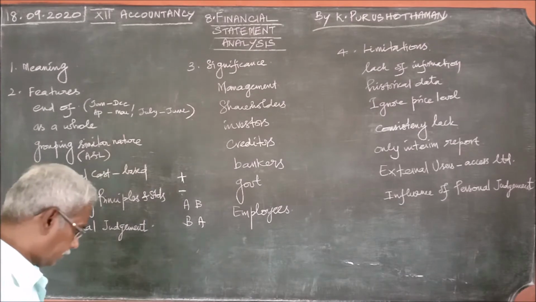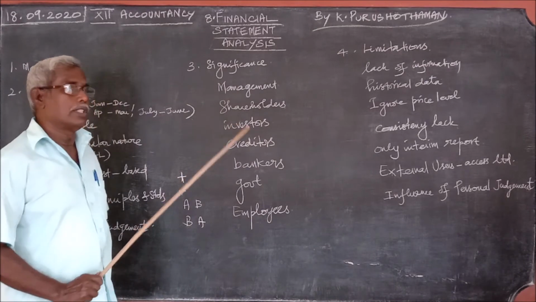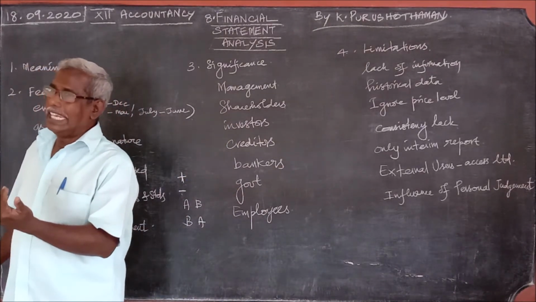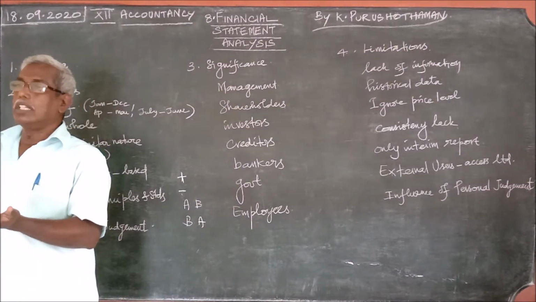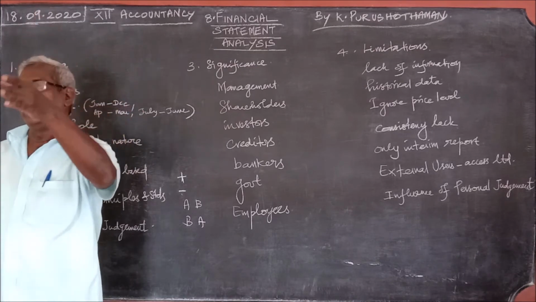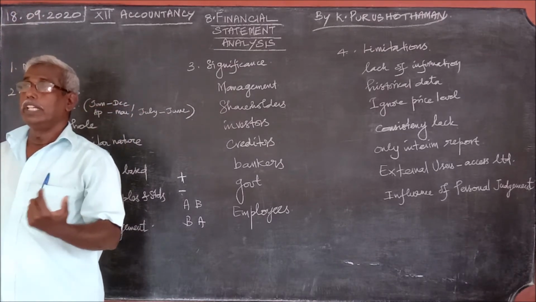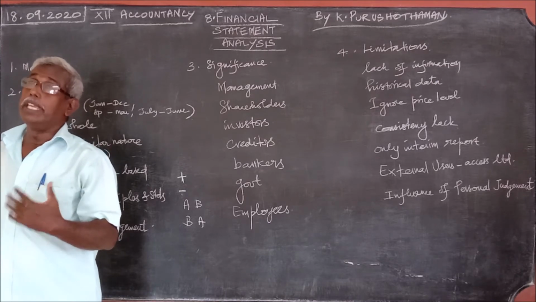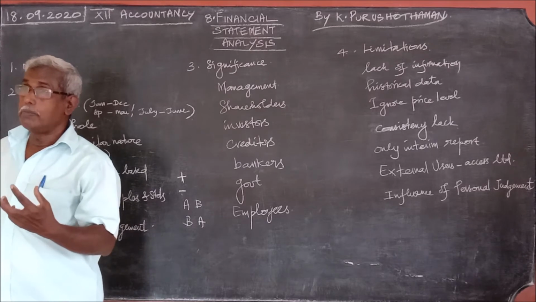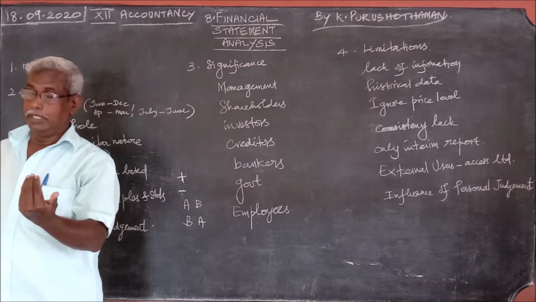Third one, other than shareholders, there are some persons who have a lot of money in their hand. They want to invest the money somewhere in some business. In that case, they will try to know in which business the money can be invested.